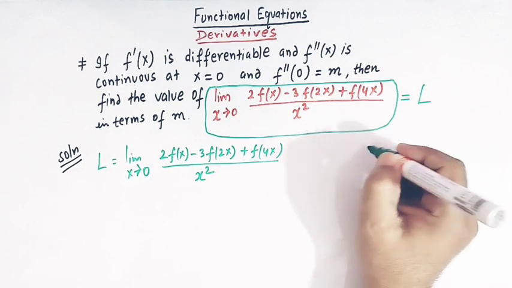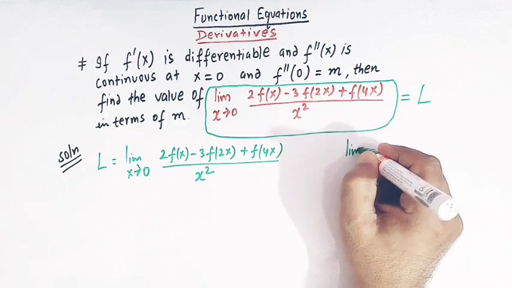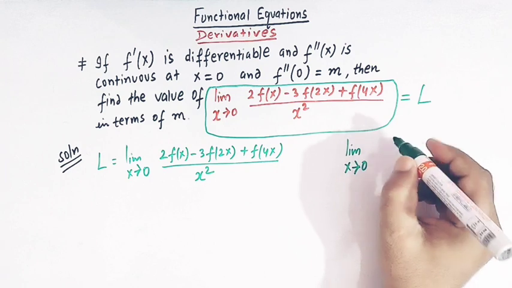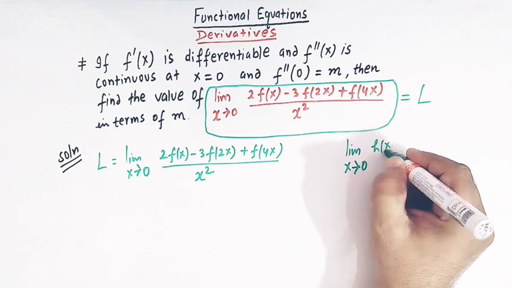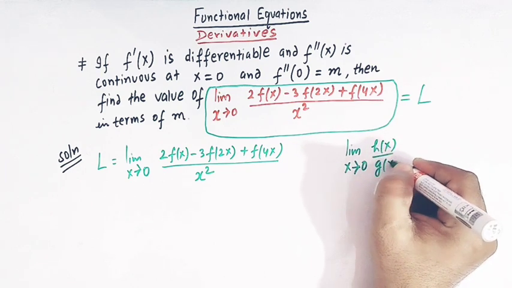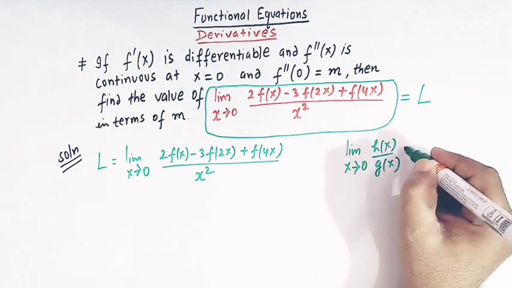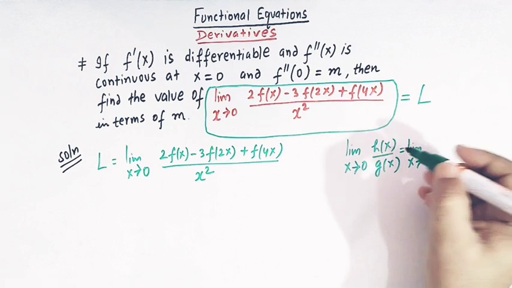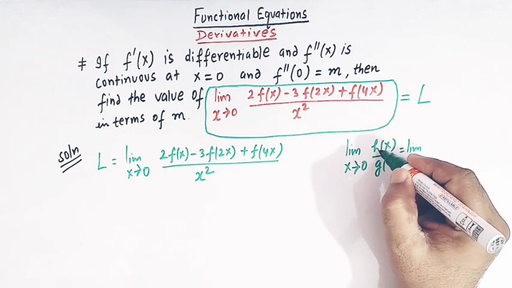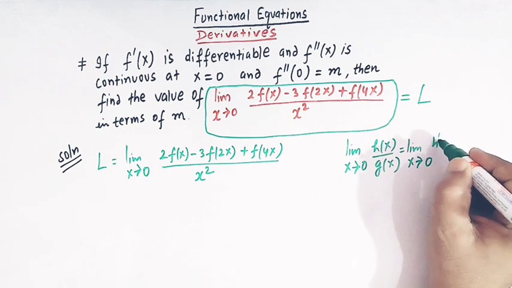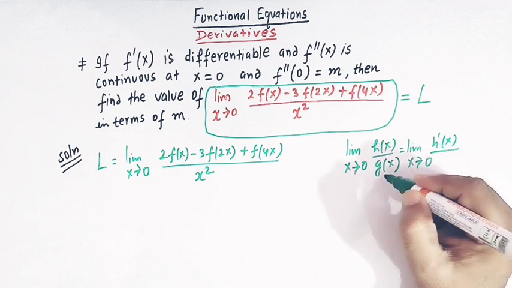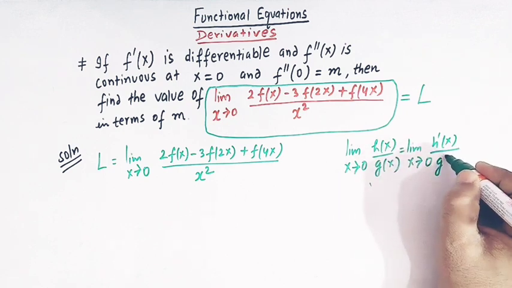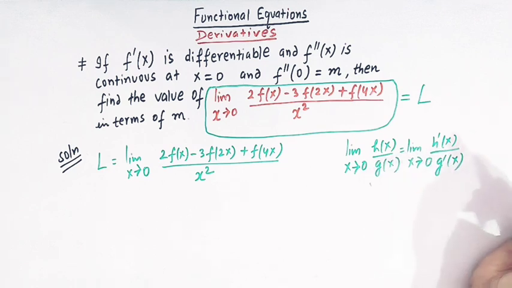So L'Hopital's rule says that if we have limit x tends to 0 and we have two functions, say h(x) and g(x), then this limit is equal to limit x tends to 0, and we differentiate this function h(x), that is h prime of x, and we find the derivative of g(x), that is g prime of x.